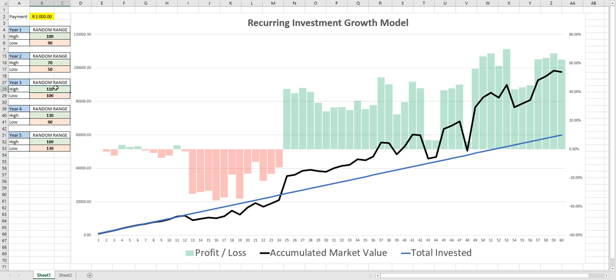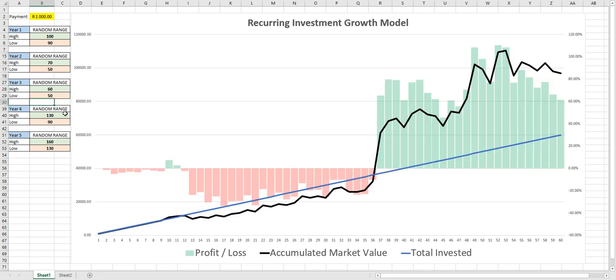I mean, let's just imagine quickly that the markets stayed around 60 and 50 in year 3.